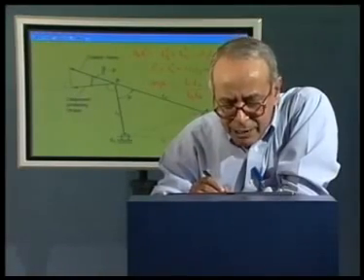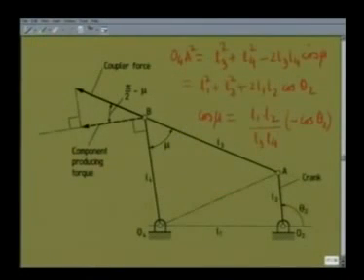Here in this diagram the angle happens to be acute, so it is cos mu. It is mu. But when this angle becomes obtuse, then I will have to take 180 degree minus this angle as my transmission angle. So transmission angle is minimized when theta 2 is either 0 or pi for this particular situation. That means the crank falls in line with the frame, that is O4 O2.